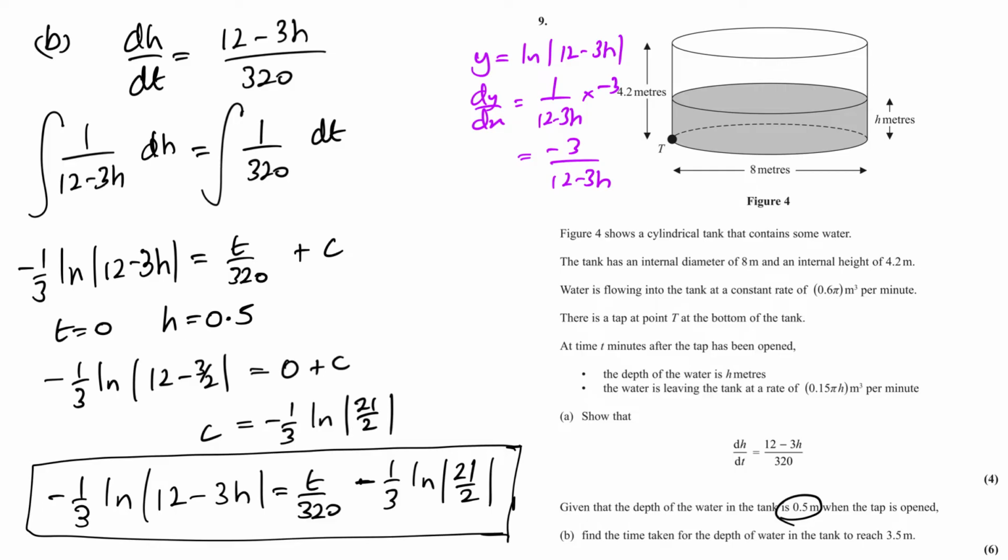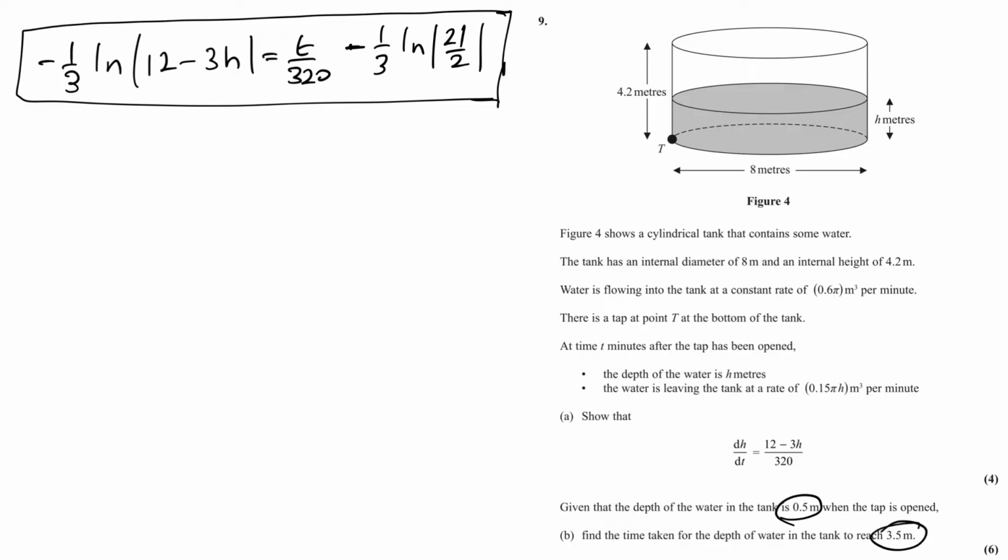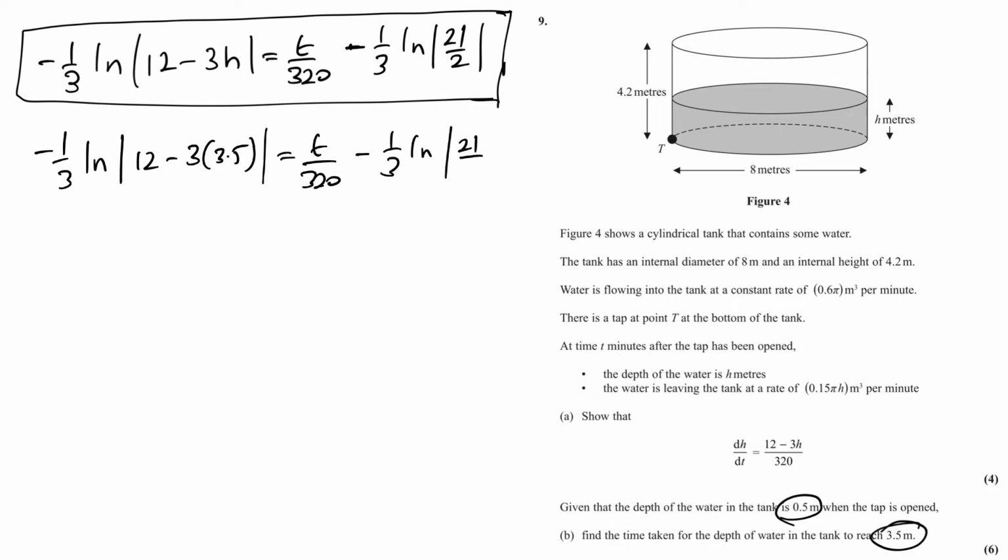And now what I've got to do is find the time taken. So there we are, h is 3.5 and we want to find t. So it's just substitution, isn't it? So 12 minus 3 lots of 3.5 equals t over 320, and we've got minus 1/3 ln 21 over 2.